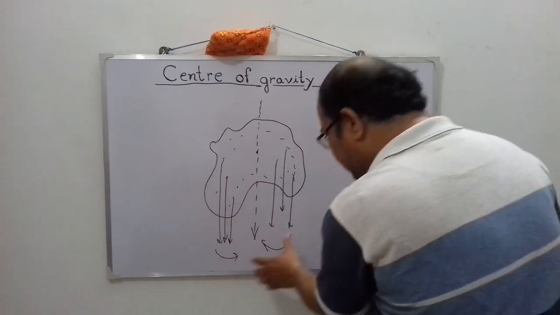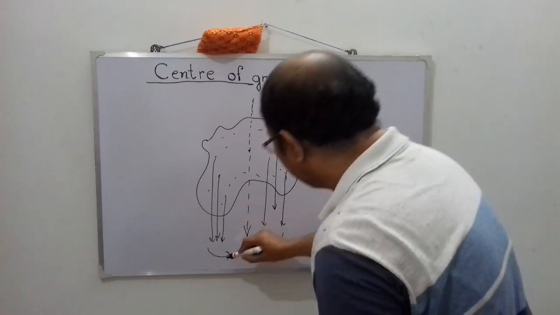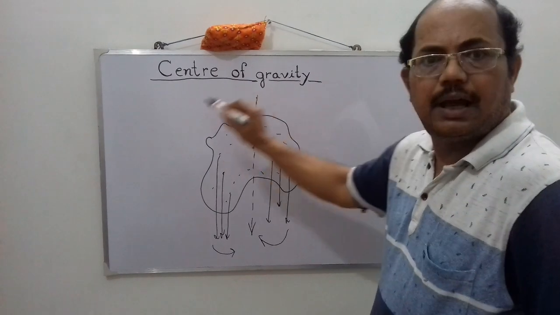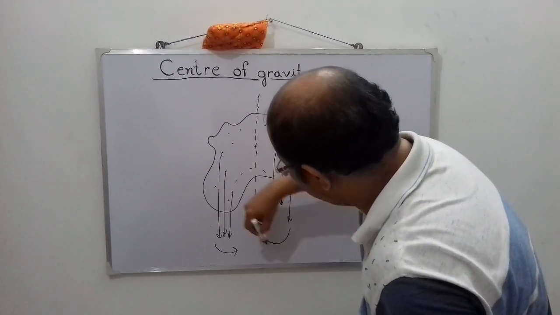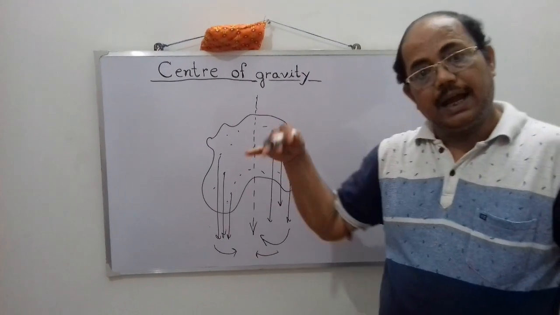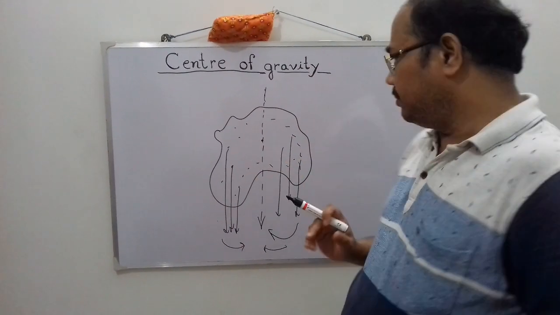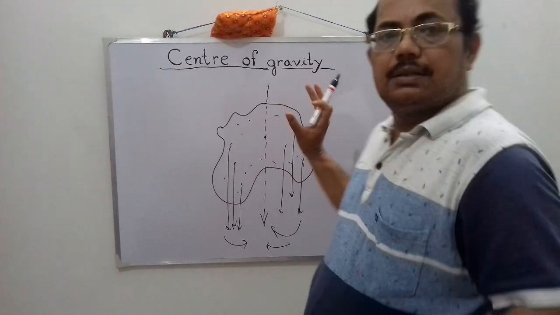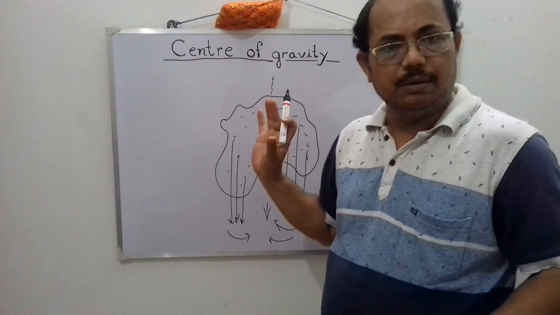Some of these moments try to rotate it in the anti-clockwise direction, but some try to rotate the object in a clockwise direction. If the total moments are the same, then it will have no motion. That means it will be in equilibrium.